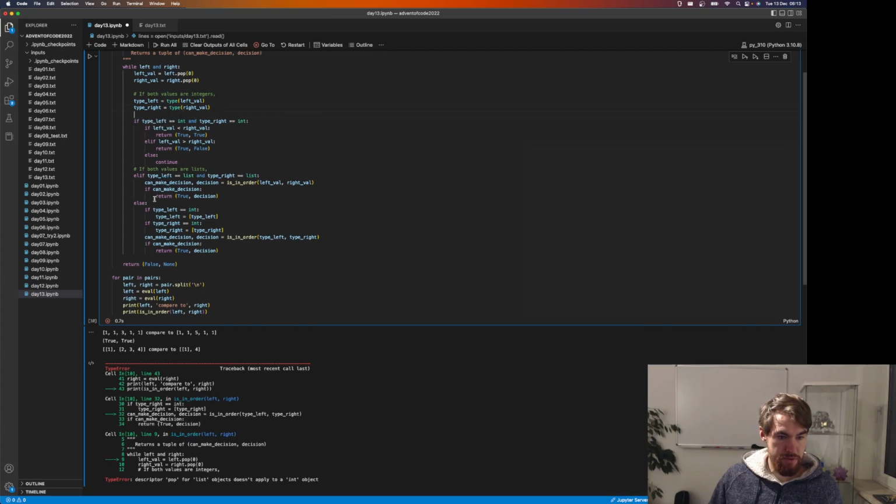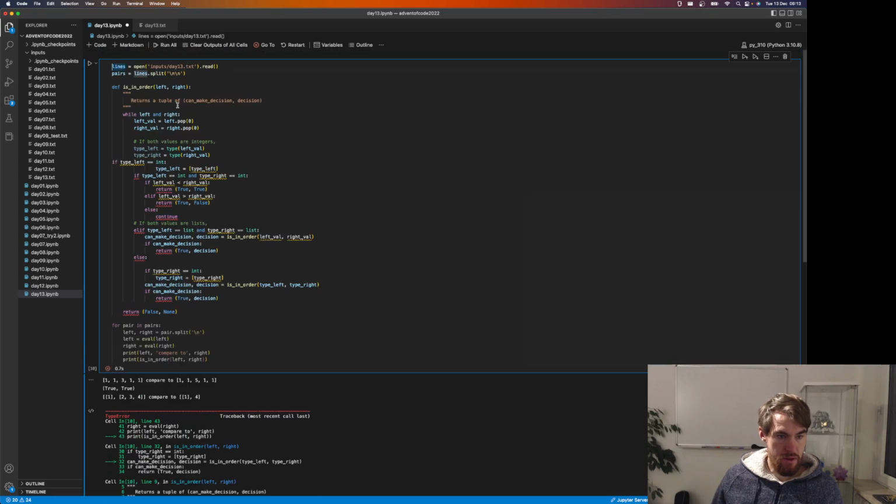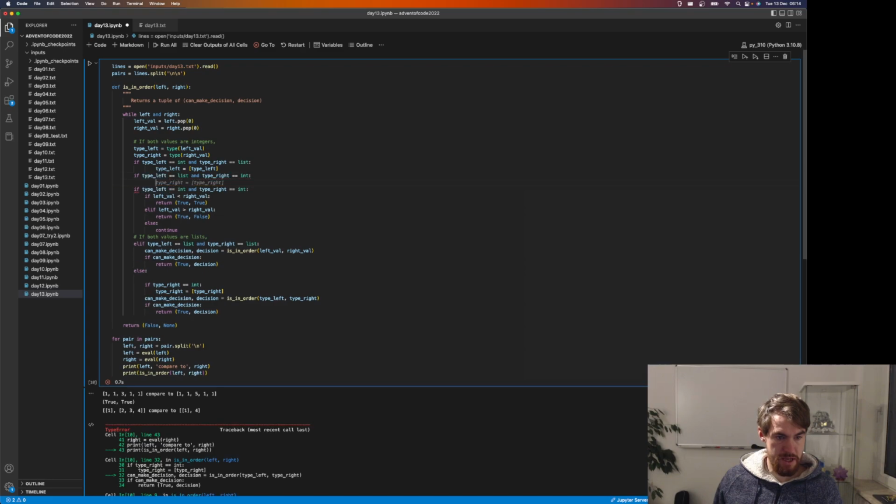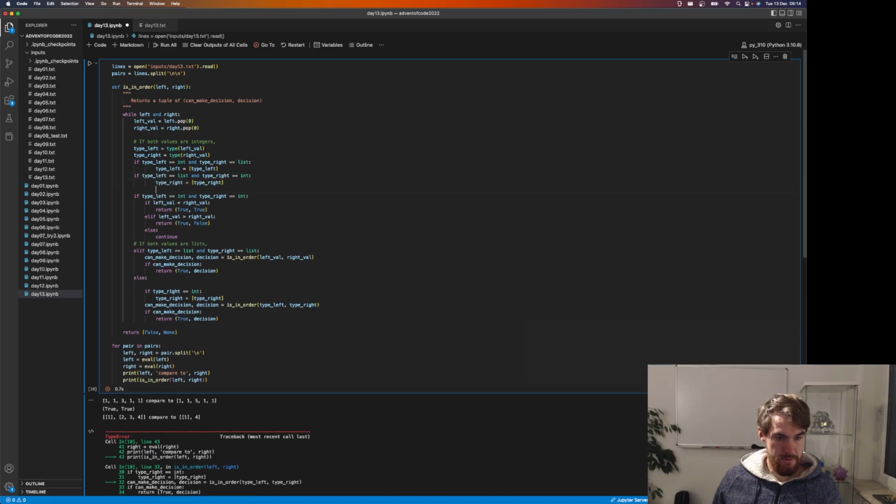What I mentioned before. So we can immediately do the mixed types. In types, left is int. Left is a list and the type right is an int. There we go.